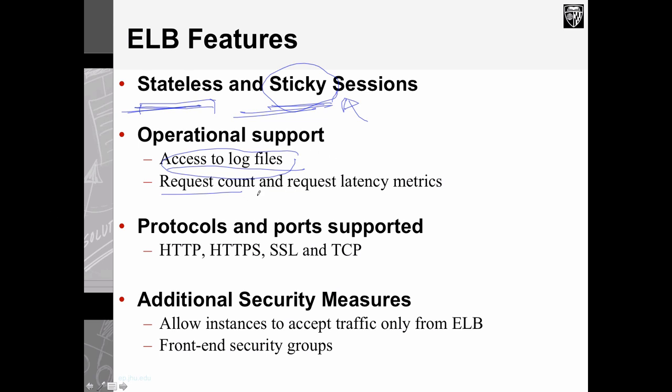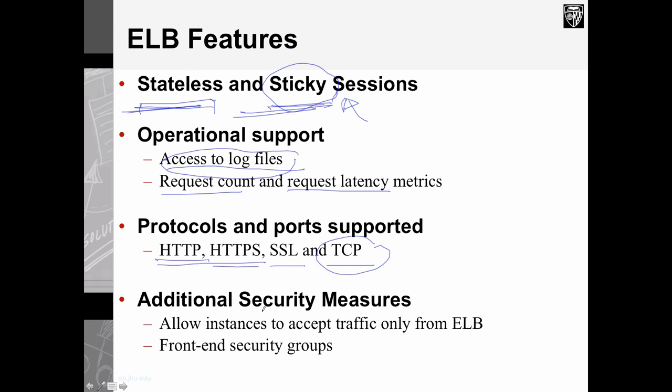All those metrics can be tracked using CloudWatch. Some of the protocols that ELB supports are HTTP, HTTPS, SSL, and some TCP ports, and we'll see the details on the specific TCP ports they support. But most of the time we'll be using HTTP or HTTPS listeners.